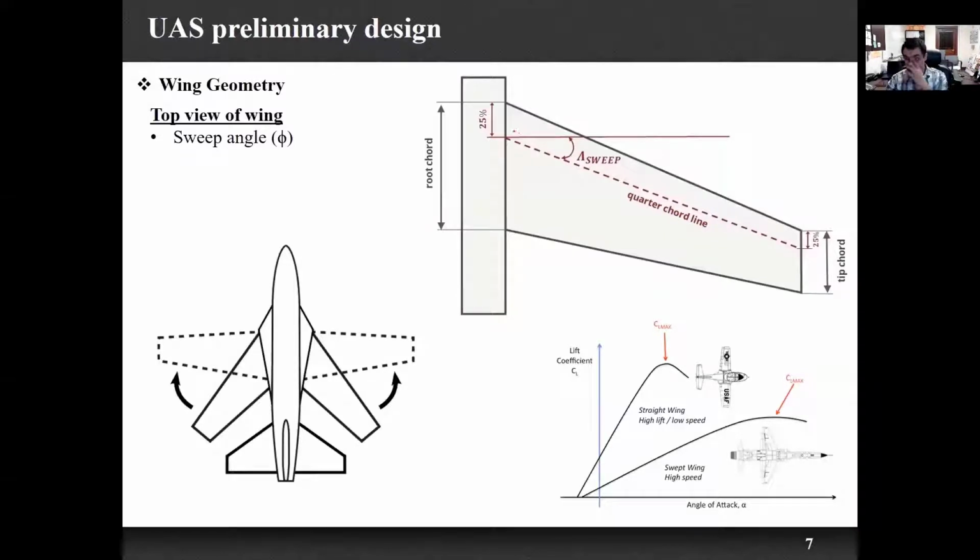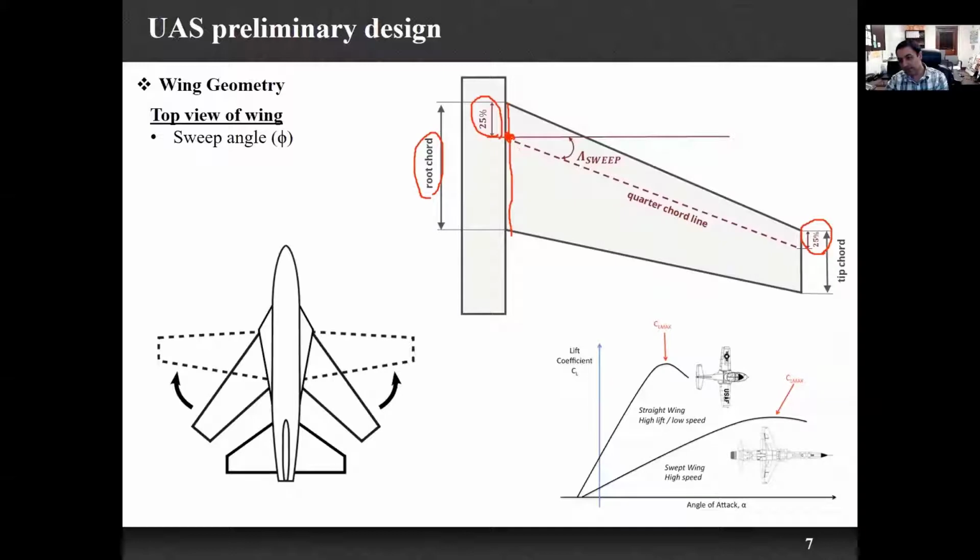And here, if we connect the 25% of our tip chord, so let's say that this length is our root chord, and this point is at the 25% of this root chord from the leading edge, and this part is 25% of the tip chord from the leading edge.